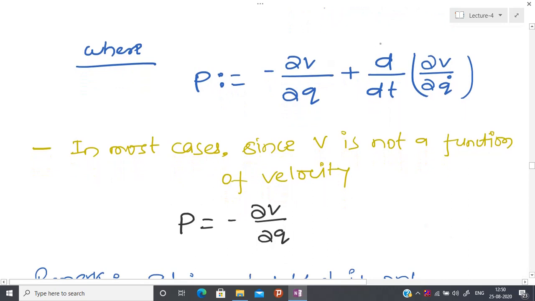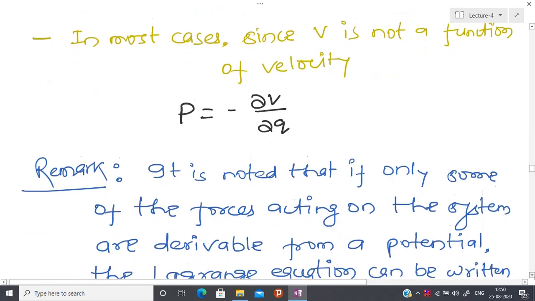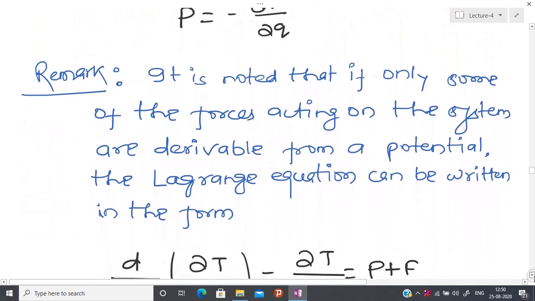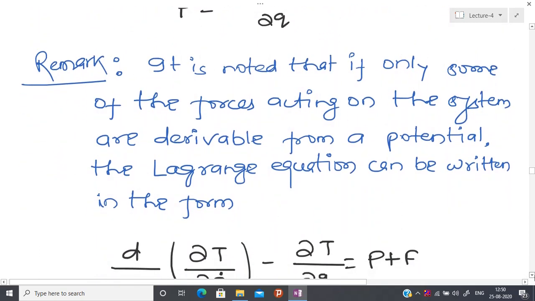So somehow this term will not be present. Now if some external force, maybe due to friction or some other quantity, comes into the picture, then I also have to incorporate that force here. So that is the observation of Rayleigh. The same things I have written here.